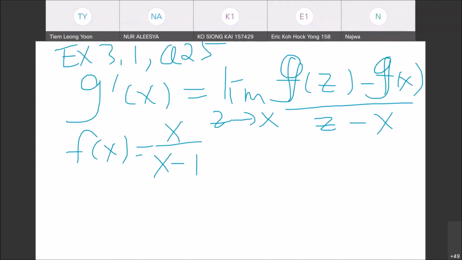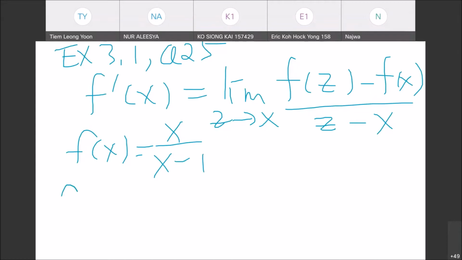It's just a symbol, so try not to be confused by the symbol that represents the function. Whether you call it g of x or f of x, it's still the same. Okay, so then you just write down the expressions. So f(x) is x over x minus 1.